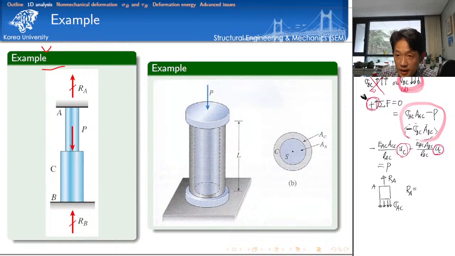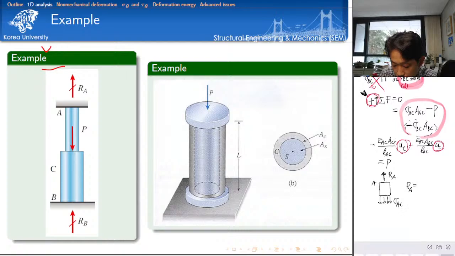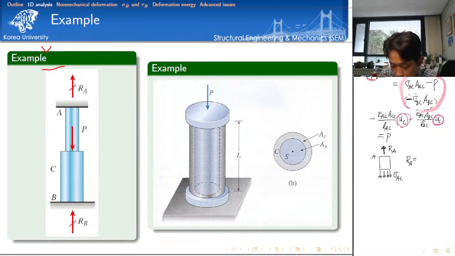So make sure that I'm not talking about the reaction force. I'm talking about the magnitude of the reaction force, okay? Which means 크기. Its direction is given here. So we already assumed a direction. So its magnitude is equal to sigma AC times its cross-section area.